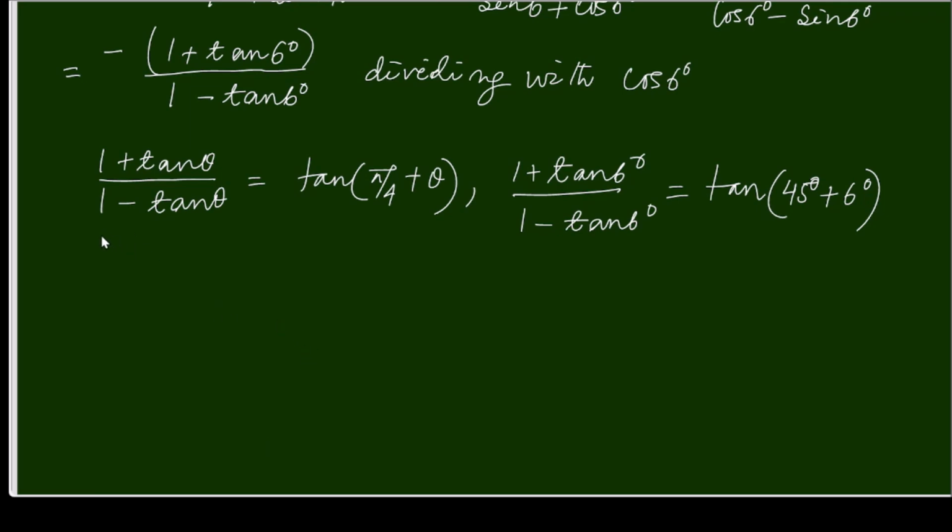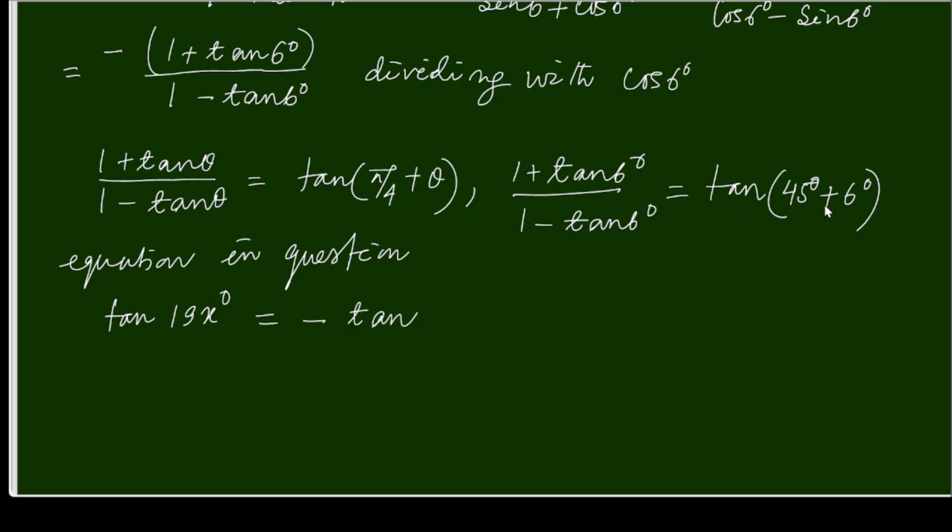So now writing the given equation again, the equation in the question, tan 19x degree equals, it has been converted to negative tan 45 plus 6 degree, that will be 51 degree. Negative tan theta is the same as tan minus theta, so this will be tan minus 51 degree.